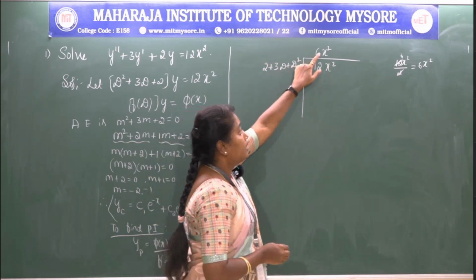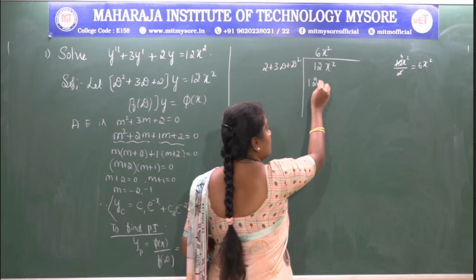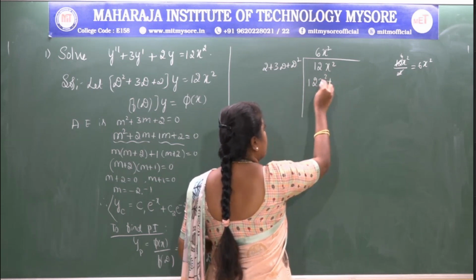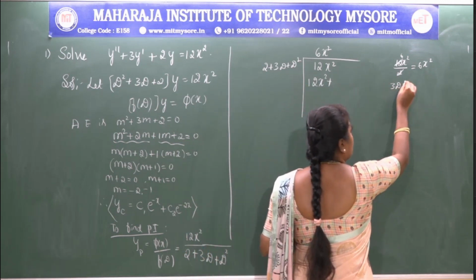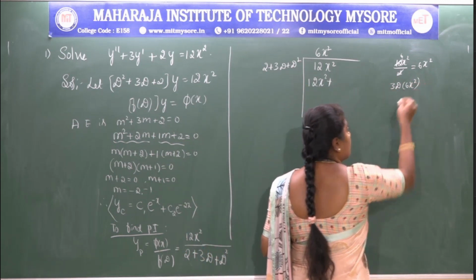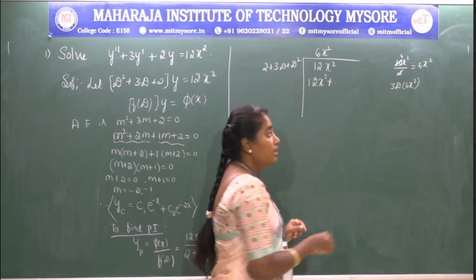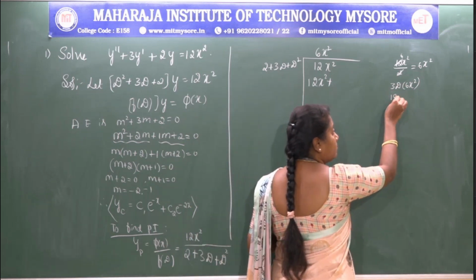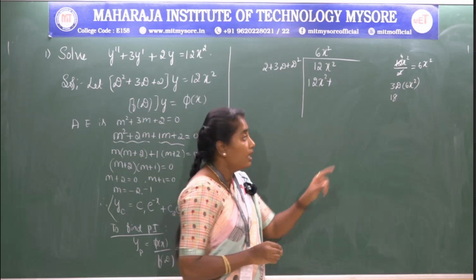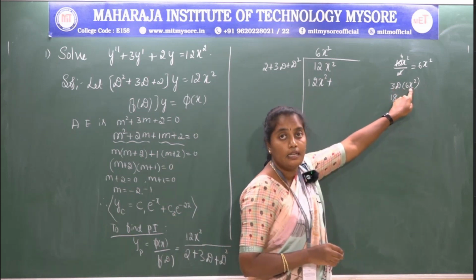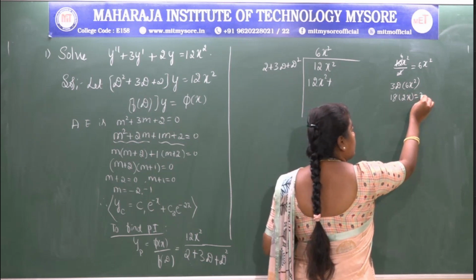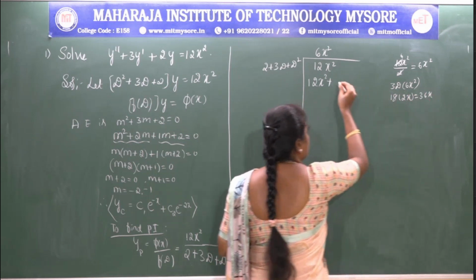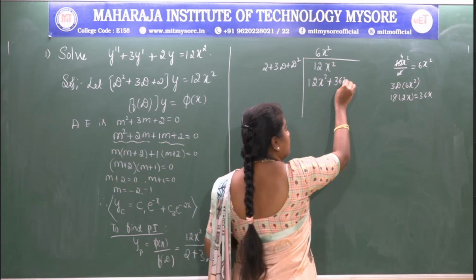First element, 2 into 6x square, we get 12x square. Plus 3D into 6x square: 3 into 6 is equal to 18, and differentiation of x square is 2x, which results in 36x. So the next element is 36x.